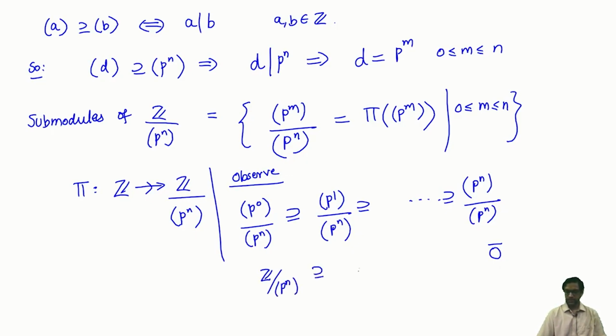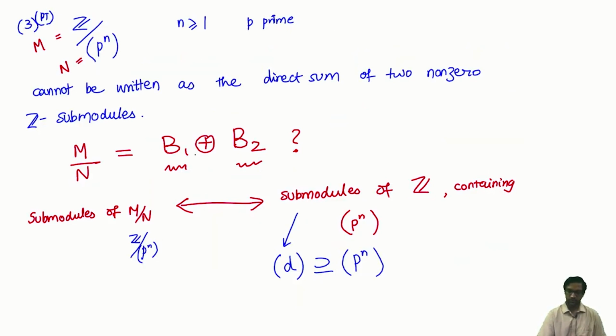Okay, so observe that all the submodules behave in the following way. The quotient module Z mod p^n has the 0 module and the full module. They are of course submodules, but every other submodule occurs as part of a chain which goes from the bottom to the top. In particular, what it says is that these B1 and B2 that I am looking for, right?